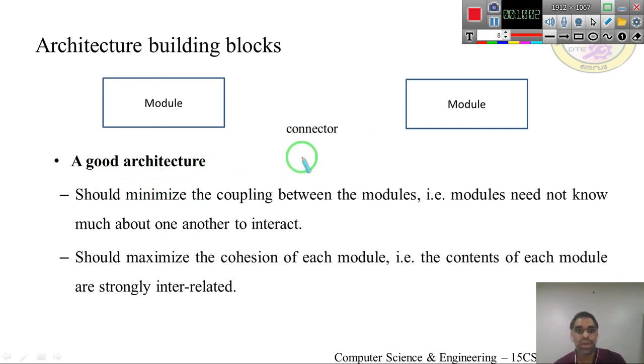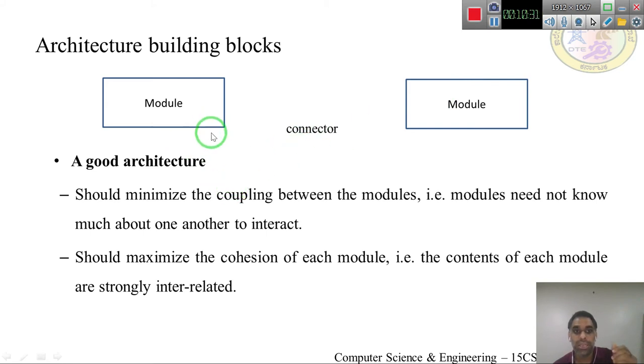Okay. Then when do I say architecture is a good architecture? When it minimizes the coupling between the modules. So when I say there exists a minimum coupling between the modules, what do you mean by coupling? Coupling means one module need not know much information about another module.